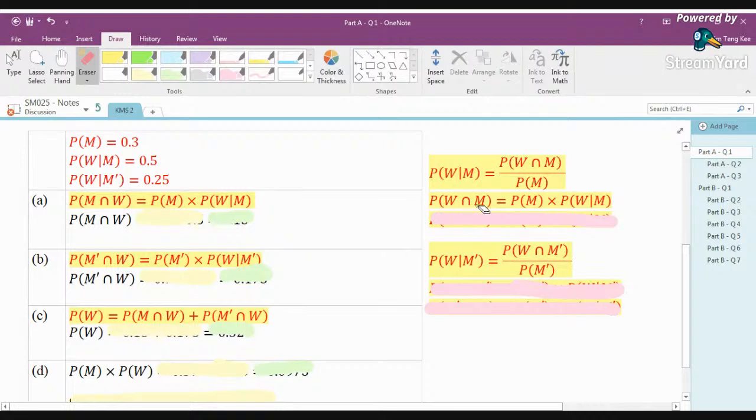For the intersection, whether M comes first or W comes first doesn't matter, so these two refer to the same thing. As a result, this is how I get the formula. So for probability P(M intersect W), I can just use P(M) 0.3 multiplied with P(W given M) 0.5. As a result, I have the answer equal to 0.15. So this is for question A.